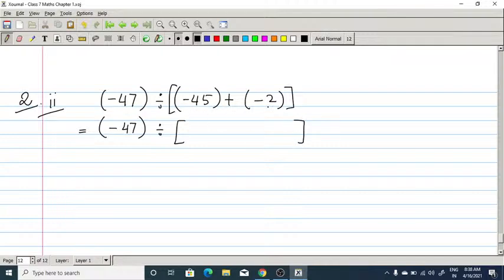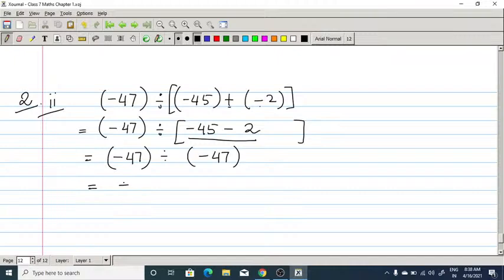So, this is plus, this is minus. When you open the bracket with two different signs on either side of it, then it will be negative. So minus 45 minus 2. This will be minus 47, because both are negative, so you add the magnitudes, and since both are negative, the answer will also be negative.